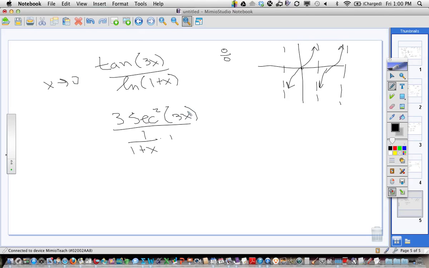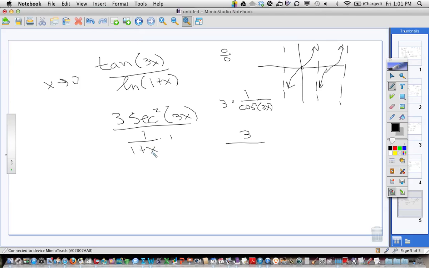So we do 0. Now, secant squared is kind of hard to plug into. I'd rather do cosine, so I would write the top one as 1 over cosine squared. I think that's easier. Okay, so if I plug a 0 into that, 3 times 0 is 0. What's cosine of 0? 1. 1 squared is 1. 1 under 1 is 1 times 3, so the whole top is 3.